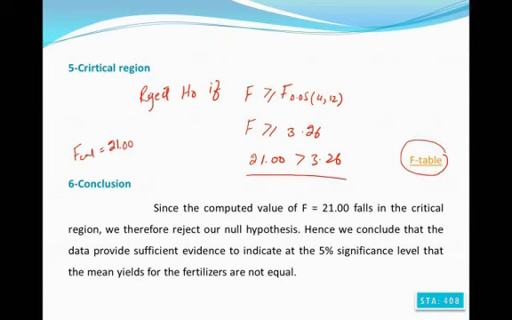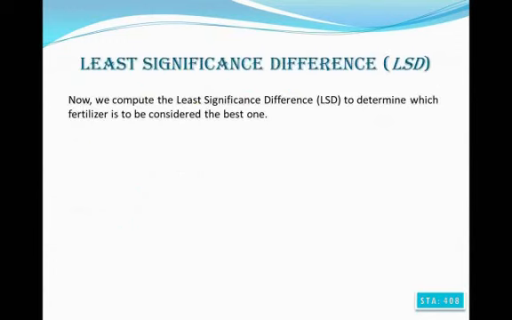Now the F-test rejects our null hypothesis, so we can apply the least significance difference test here. Now we compute the least significance difference to determine which fertilizer is to be considered the best one. आपके पास treatments हैं A, B, C, D and E और हमने इसके treatment means find out किए हैं.